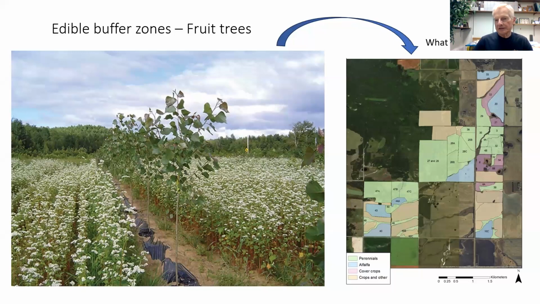And there certainly is research on this subject. So on the left here, we see some research in Europe, where they're looking at a combination of fruit production, in this case, apples, with grain production. And the question I have for myself is, what would it take to have sort of some fruit and vegetable production on a farm like the one I described earlier, that's several thousand acres large?